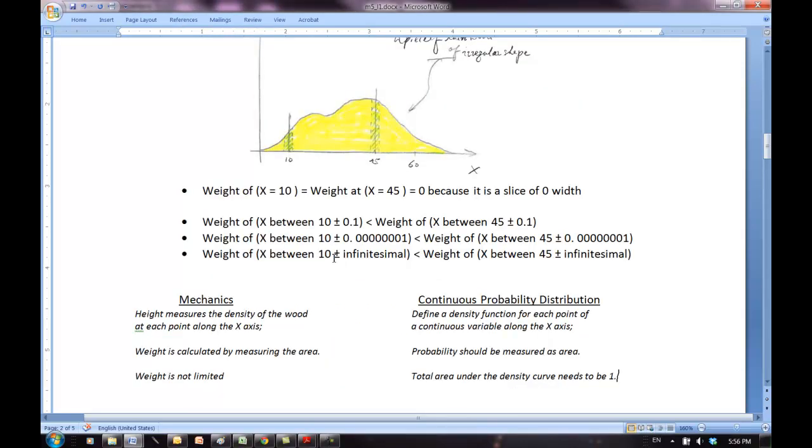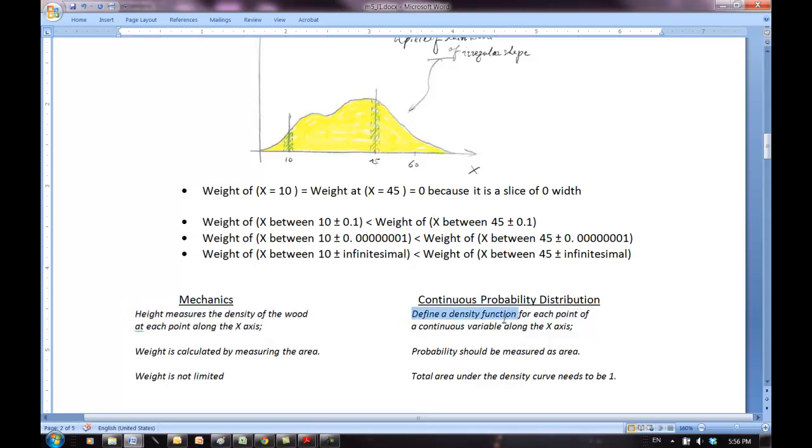So this sounds almost exactly the same as the problem we were dealing with earlier with the probability distribution for a continuous variable. So Karl Pearson borrowed a few concepts from mechanics to apply in modeling a continuous probability distribution. In mechanics, the height is used to measure the density of the wood at each point along the x-axis.